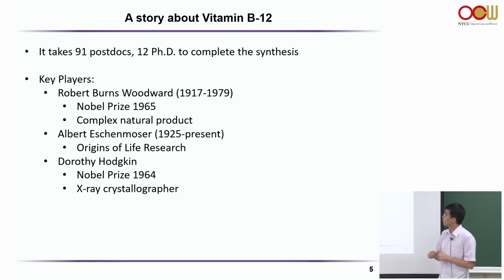Another person worth mentioning is Dorothy Hodgkin. She was awarded the Nobel Prize in 1964 for her work in X-ray crystallography. I think you're all familiar with the double helix structure of DNA, and that was based on X-ray crystallography. You can use X-rays to look at the crystal structure.